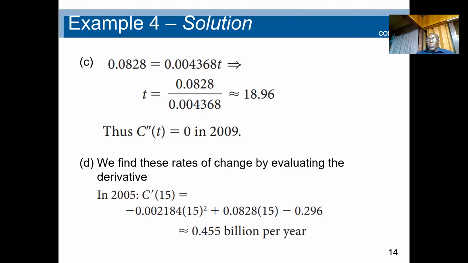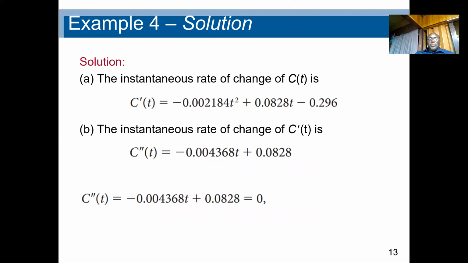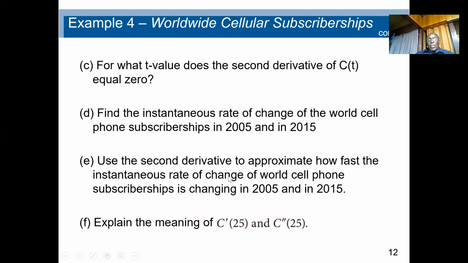D said we find this rate of change by evaluating the derivative. So we find the first derivative at 15, then at 25. Because looking at the question, they say, find the instantaneous rate of change of the world cell phone subscribership from 2005 to 2015. So that's roughly, I would say, 10 years.